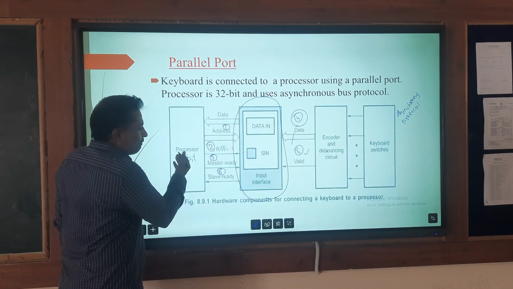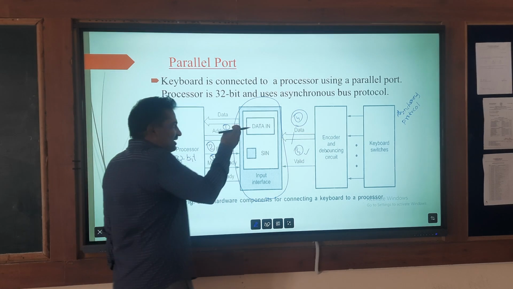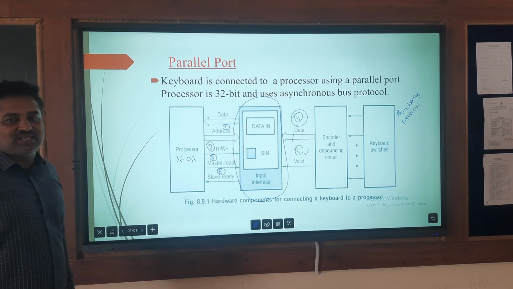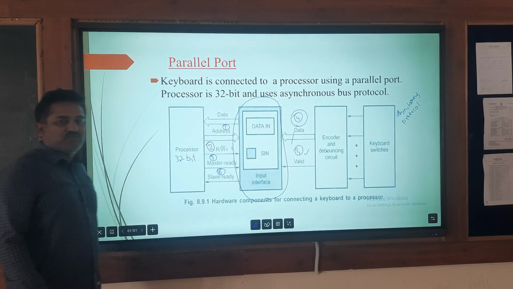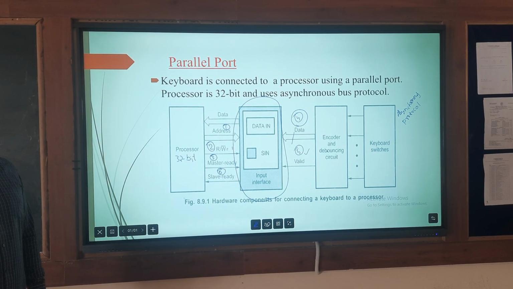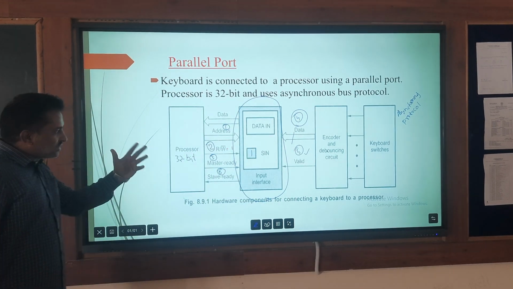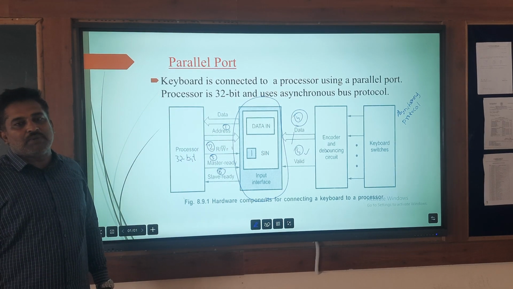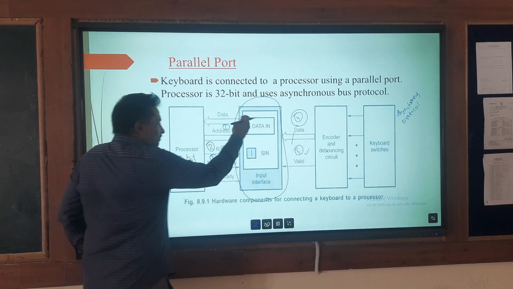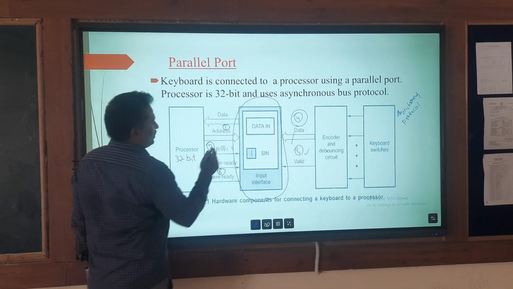See my friends, how can the processor recognize whether the data has entered the data in register or not? That can be identified with the help of the single bit status register, SIN. Whenever SIN is equal to 1, the processor identifies that there is data present in the data in buffer register. From that, the processor receives the data into the processor unit.